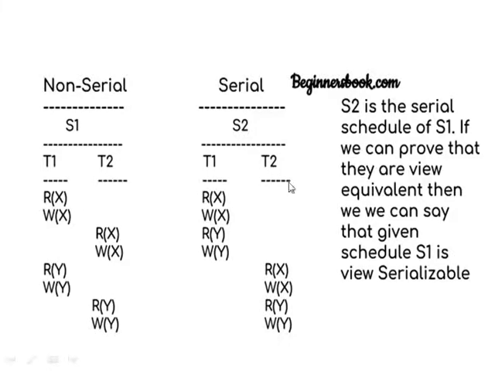See, in S2 also, what is the first operation on data item Y by T1? The first read operation on Y is performed by T1. So in S1 on data item Y, the transaction T1 performs read, and the same we have in S2 also by T1.